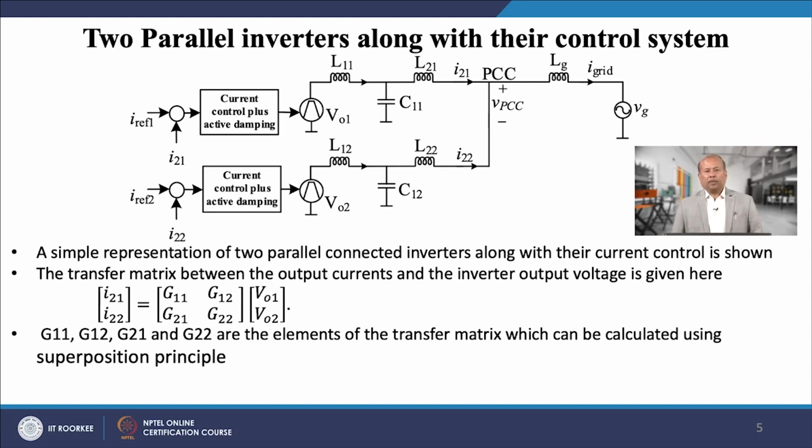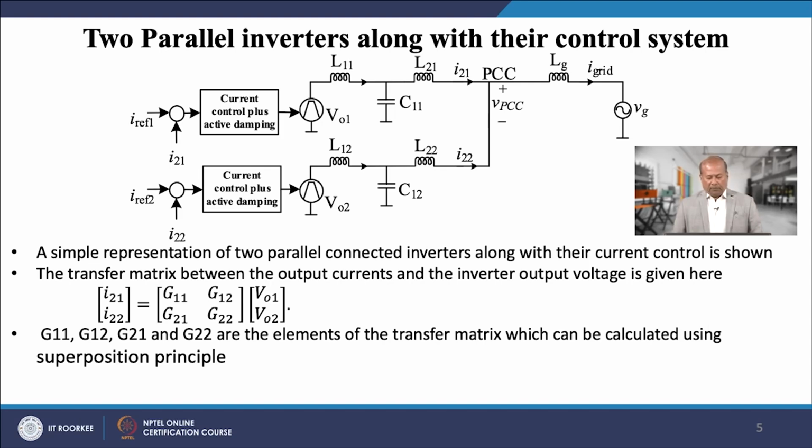Notice here in this transfer matrix, the first inverter output current I21 has two current components. One is G11 VO1, which is due to the voltage source VO1. Similarly, I21 has one more component, which is due to the pole voltage of VO2, and it is given as G12 VO2.